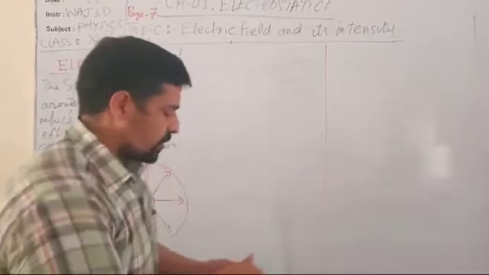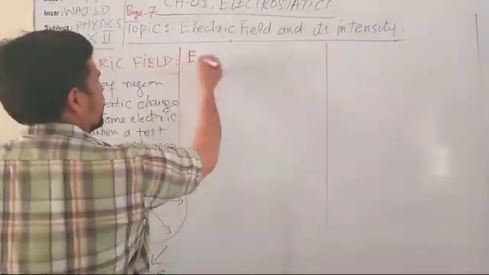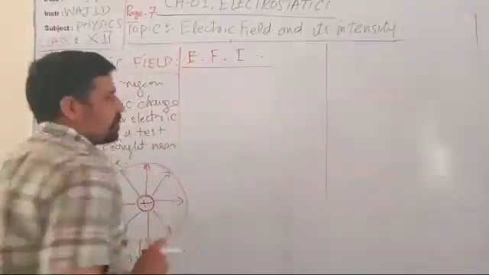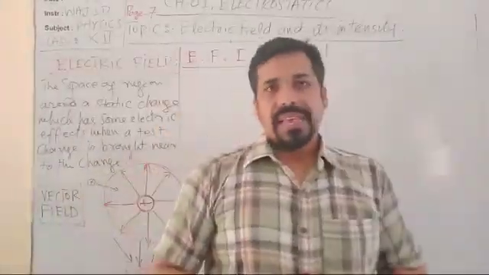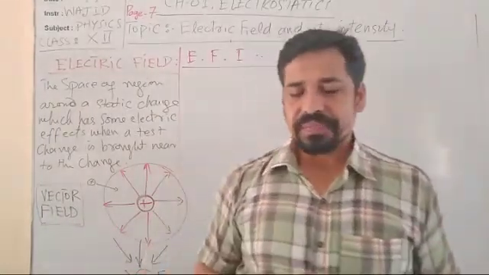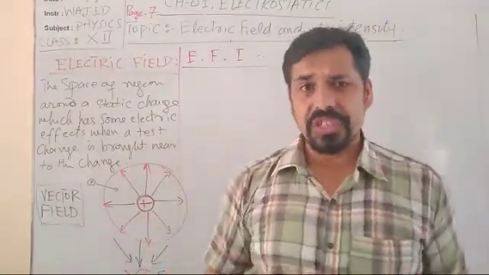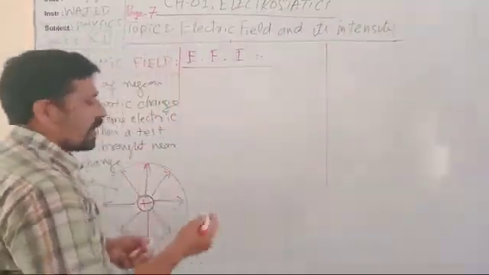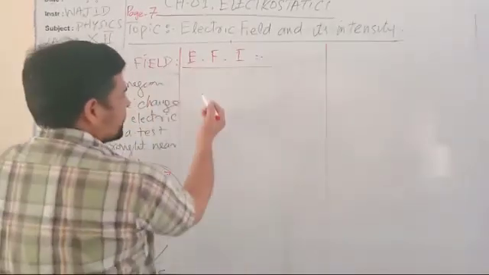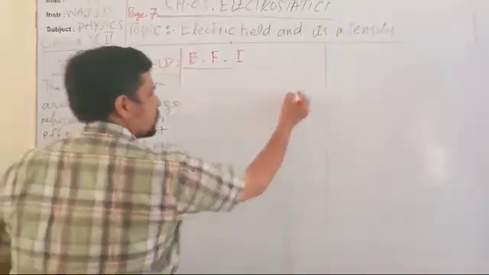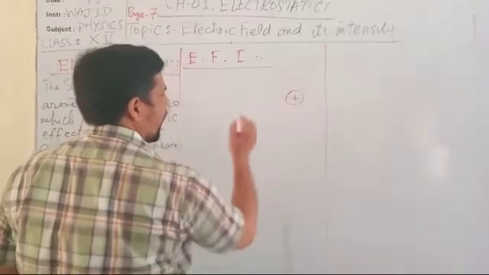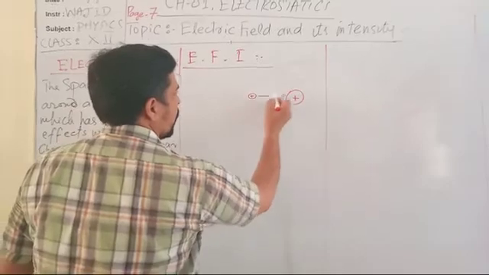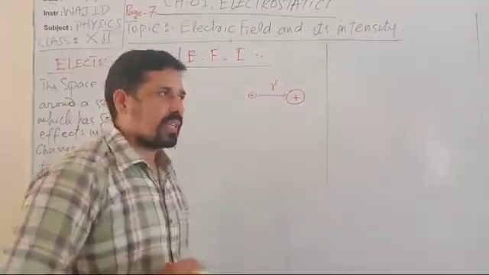Next, we are going to explain electric field intensity, EFI. Electric field has its own intensity. It has its own energy depending upon the magnitude of the source charge. So, to explain electric field intensity, let us say we have a positive source charge and we bring a positive test charge close to it, where r is the distance between both the charges.